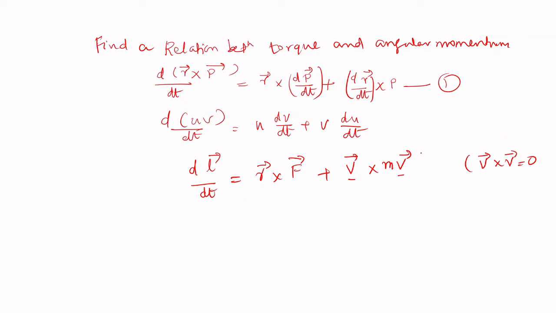That means the derivative of L with respect to time is equal to just R cross F, which is nothing but the torque. So what we understood is torque is the time rate of change of angular momentum.